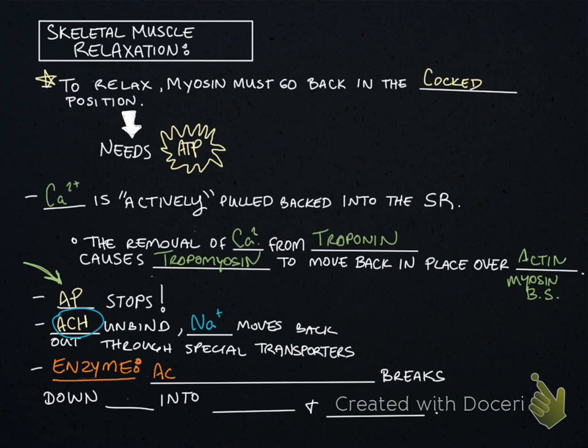I know that's a mouthful. Remember, if it ends in ASE, it's an enzyme. So acetylcholinesterase is an enzyme that breaks down acetylcholine into acetate and choline. Okay, so make sure you know this.